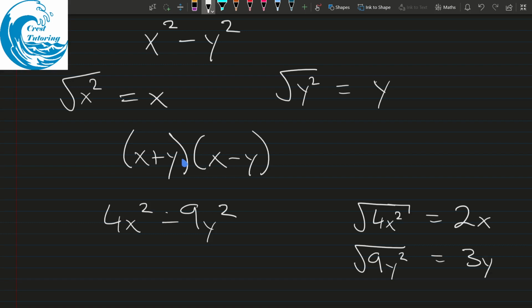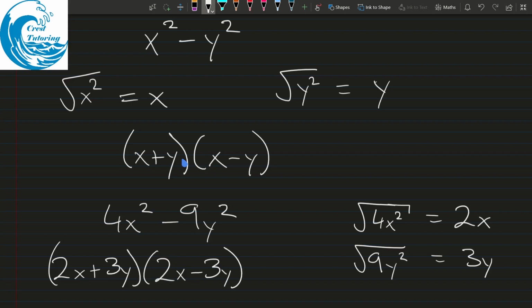Okay, so you don't really worry about the minus in the middle. Whenever you see the minus in the middle and a square on each side, that means it's difference of two squares. So then you can fill in 2x plus 3y times 2x minus 3y. And that's your whole answer then again for that one.